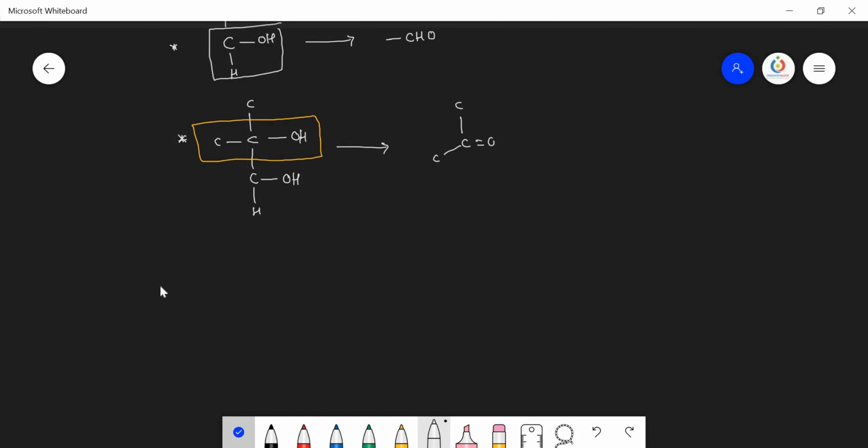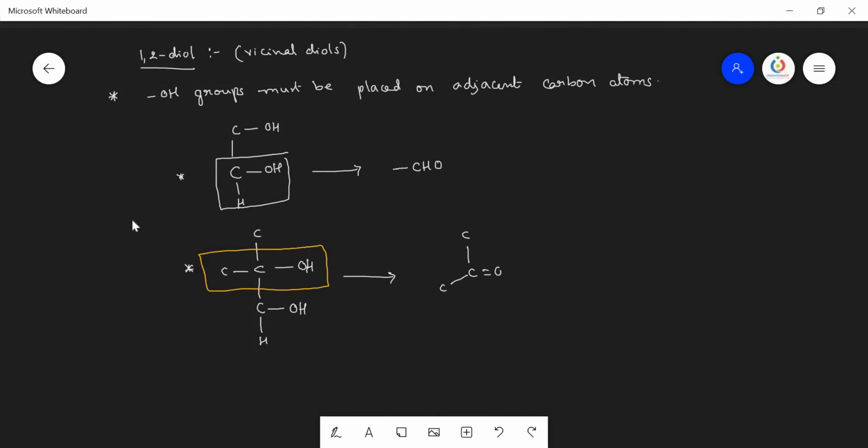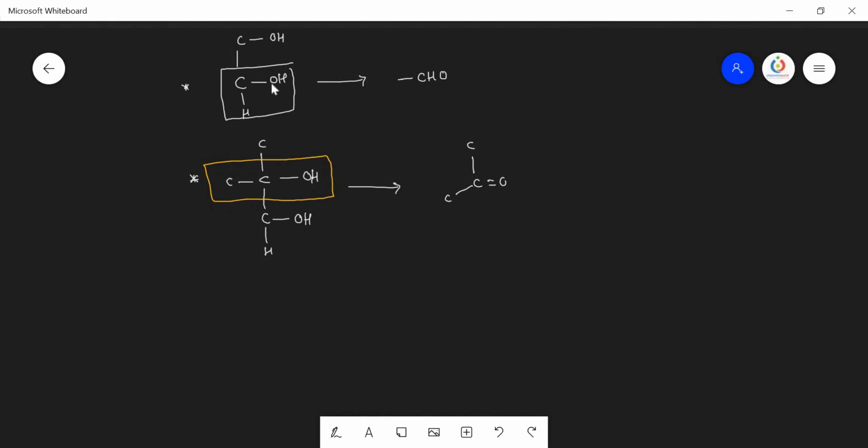This is about the 1,2 diols. Here 1,2 diols means one is the hydroxy carbon with hydrogen, and another one is the hydroxy bearing carbon with no hydrogens. Like a secondary alcohol, this is like a primary alcohol. We should not use those words, but we can, to some extent, let us use. So the groups will be like this.